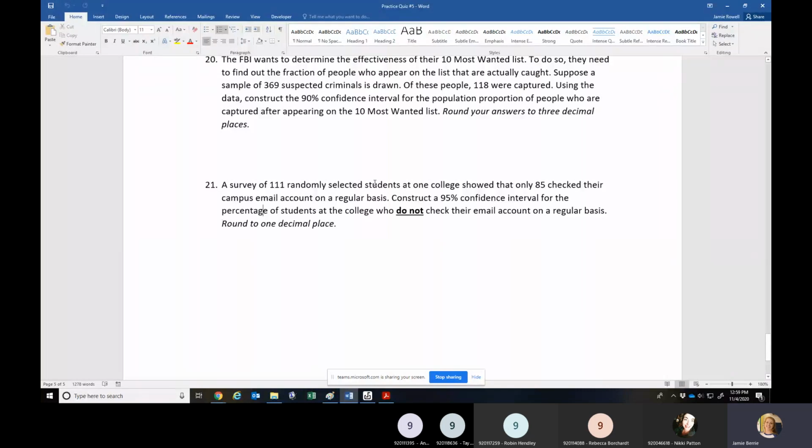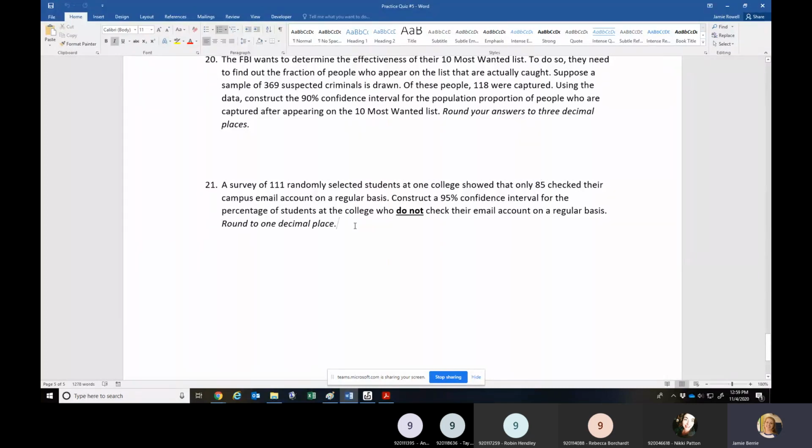If you remember this one from yesterday in our live session, it's about the people that don't check their email. A survey of 111 randomly selected students in one college showed that only 85 check their email account on a regular basis. Construct a 95% confidence interval for the percentage of students who do not check their email on a regular basis.